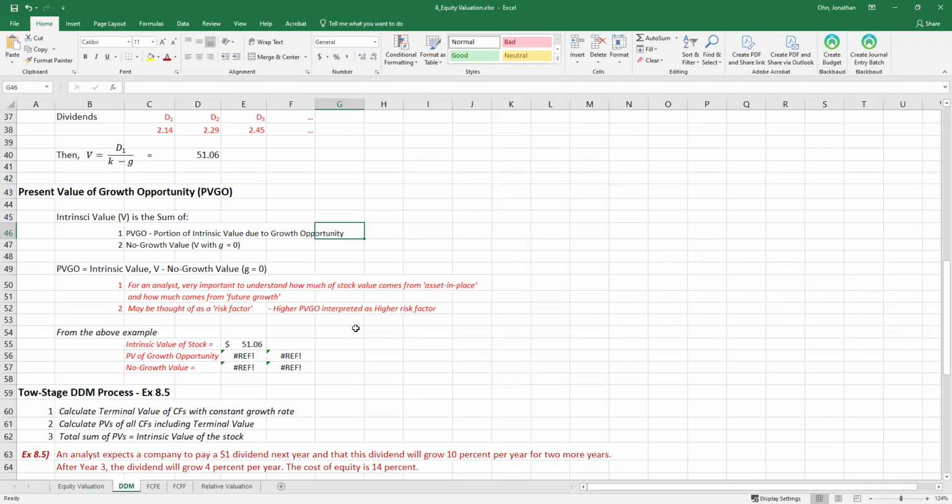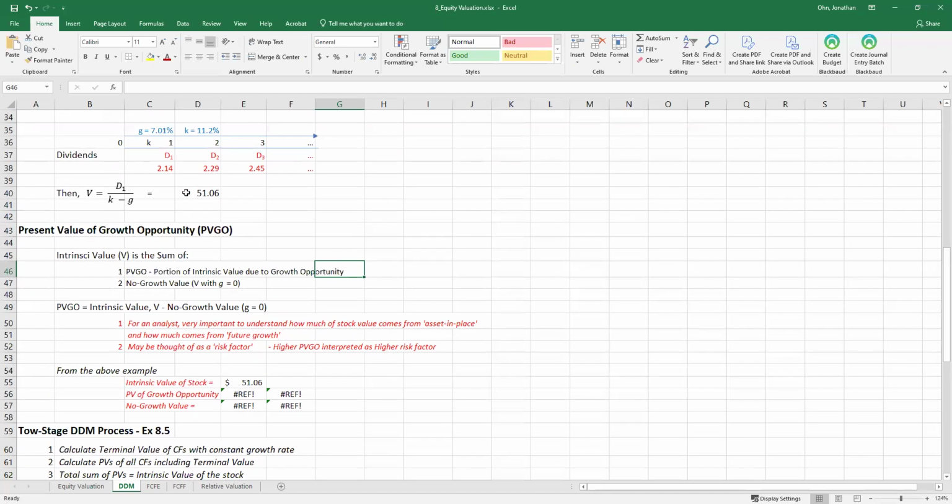All right. So now we have $51.06 here. To calculate these two components, you start with the no growth value, which is the stock value that comes from assets in place. No growth value means the growth rate is 0, so in the above model, just enter 0 for the growth rate.